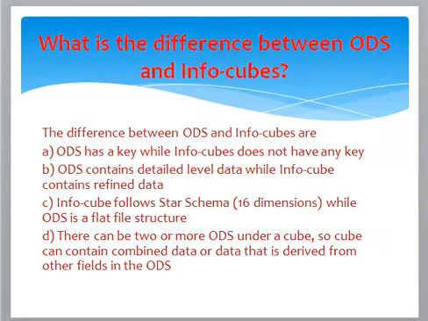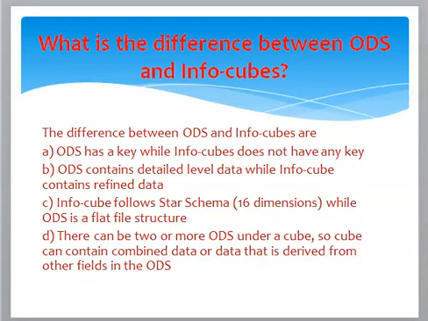What is the difference between ODS and InfoCubes? Answer: The differences between ODS and InfoCubes are: ODS has a key while InfoCubes do not have many keys. ODS contains detailed level data while InfoCubes contain refined data.